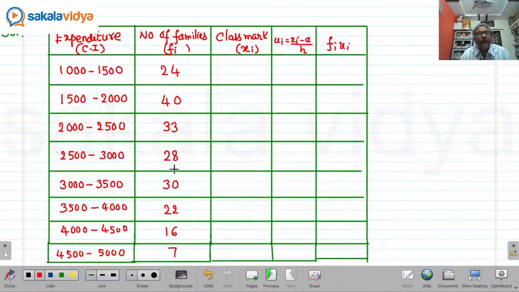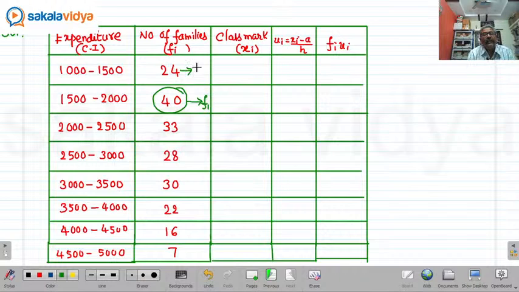How to find out the mode? First, we need to check the number of families. Among number of families, what is the maximum number of families that are present in the given class interval? That we need to find out. So here, maximum frequency is 40. So this 40 is known as F1.